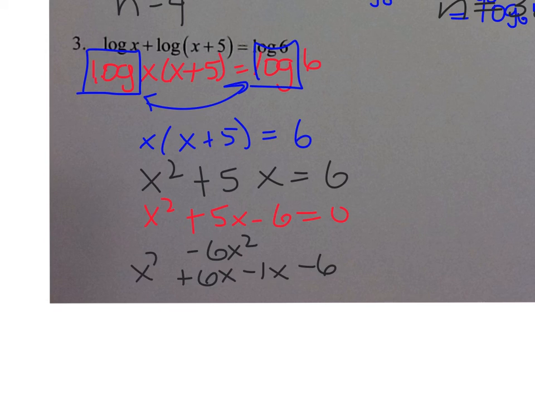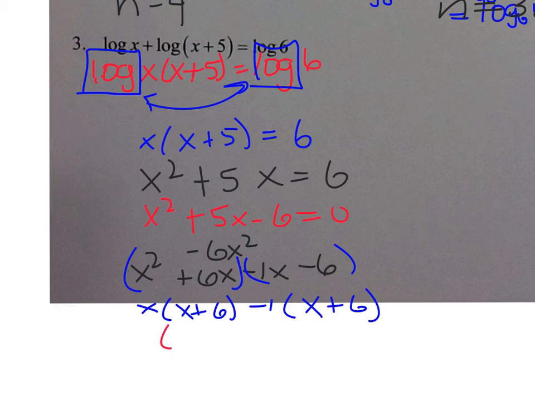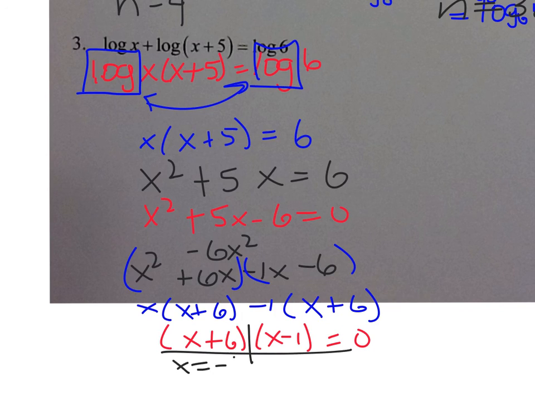Bring down the 6, bring down the x squared, factor by grouping. So the GCF is x times x plus 6. GCF is negative 1 times x plus 6. So I get x plus 6 times x minus 1 equals 0. So I get x is equal to negative 6 and x is equal to 1.